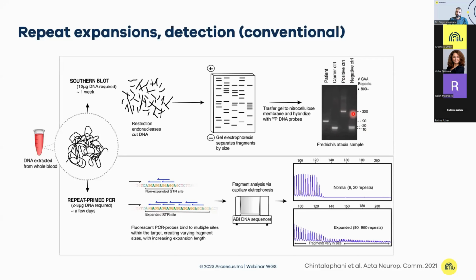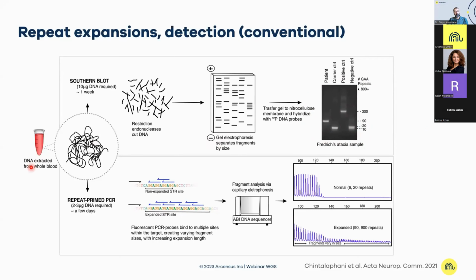It would result in a larger fragment. And if it is negative, you would have a smaller fragment, which would run faster. And then you can compare the patient sample to the controls. And based on the results, one can conclude whether the patient is within the range of what is pathogenic or within the range of what is normal.